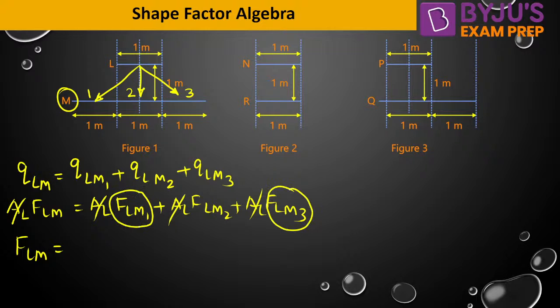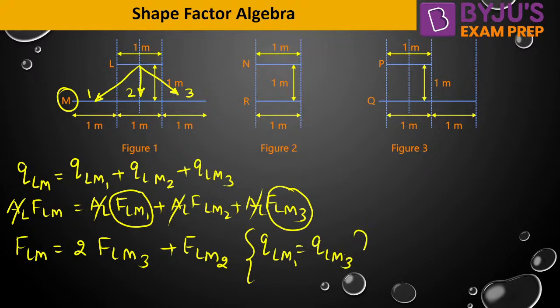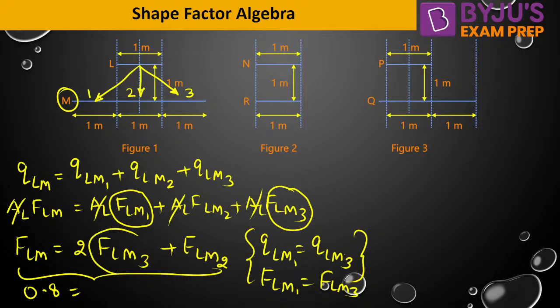They are equal. So we can write it as twice FLM3 plus FLM2. From the symmetry principle, we can write Q LM1 is equal to Q LM3, isn't it? So FLM1 is equal to FLM3. So this is the expression, and this 0.8 is equal to this.